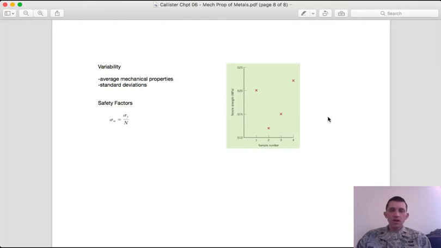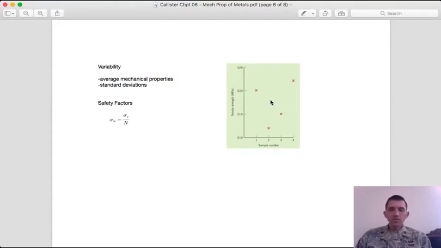So, any one sample, even if you cut 10 identical samples from the same piece of material, you're going to get 10 slightly different measurements. And so when you report these values, there's always going to be a little bit of scatter in your data. And so what you report is the mean and the standard deviation generally.